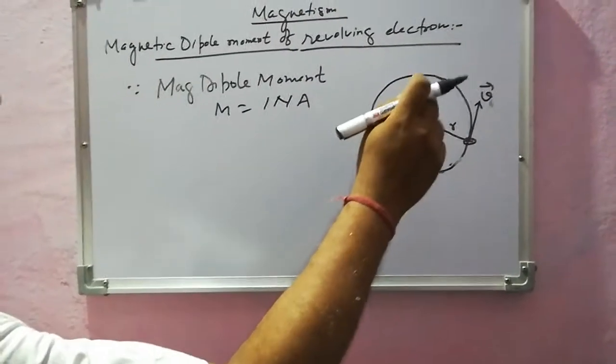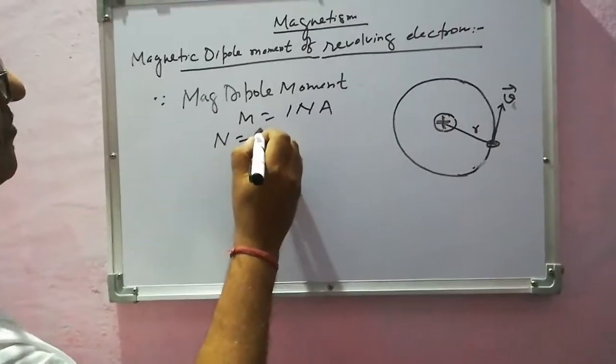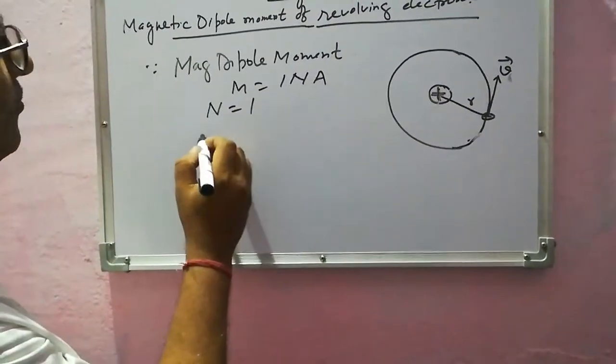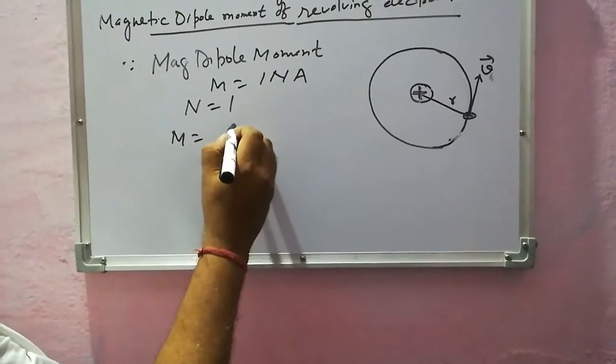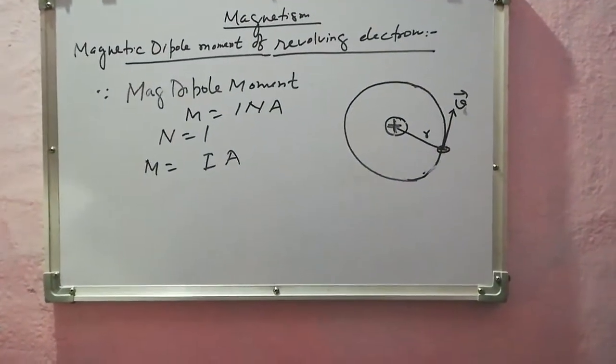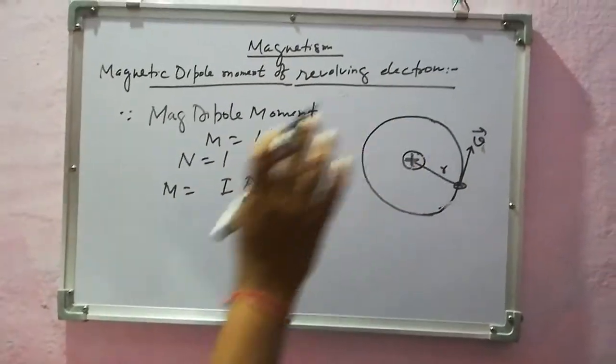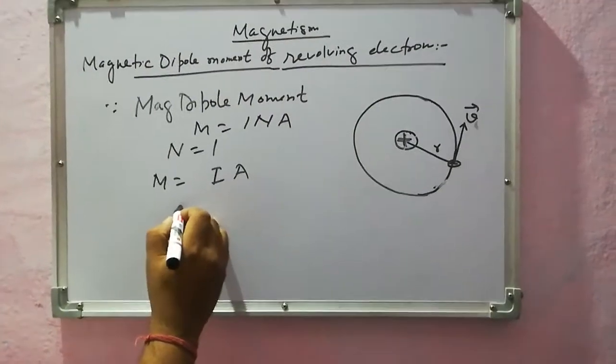Since we are considering one orbit, the number of turns can be considered as 1, so m becomes equal to I into A, where A is the area of the loop, and here it is the area of the orbit.